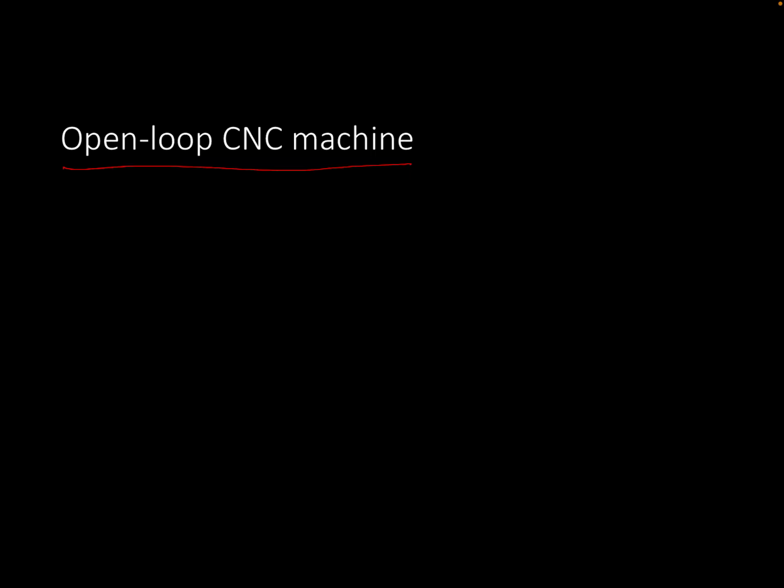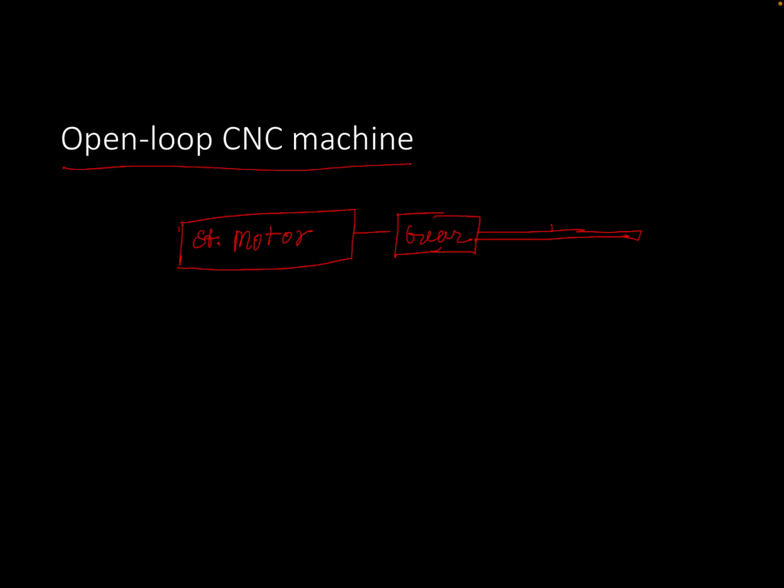The open loop control system we can show using a block diagram. Here it is the stepper motor. Here it is some gearbox. And here it is the lead screw. This lead screw is having some work table, and this is the work table movement.